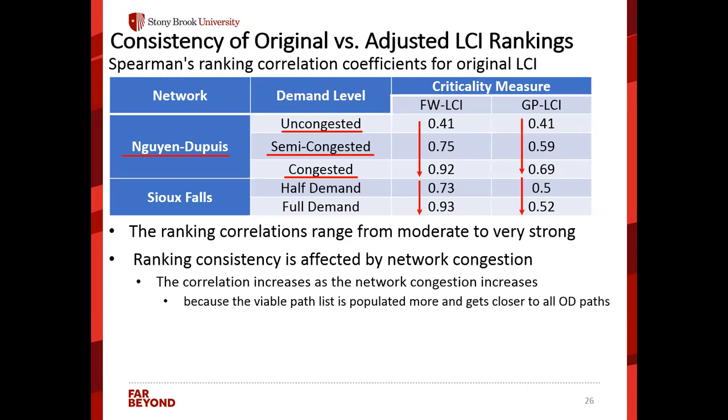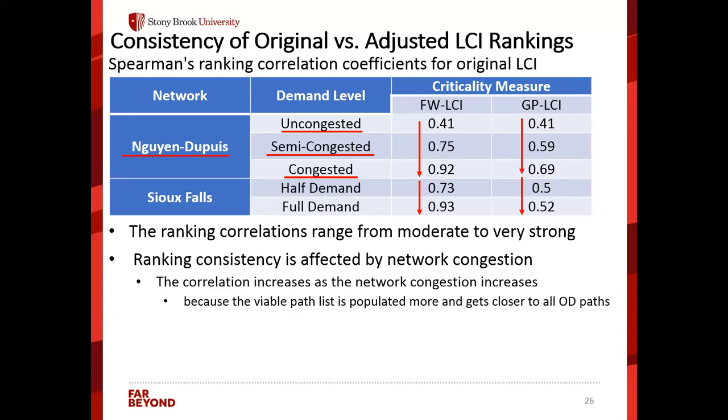The reason for that is that the original LCI uses path enumeration. For the other ones, it uses the paths that are on the shortest path within the iterations of user equilibrium. So as the network gets more congested, more paths are added to the shortest path set, because the demand is so high that more alternative routes are used.